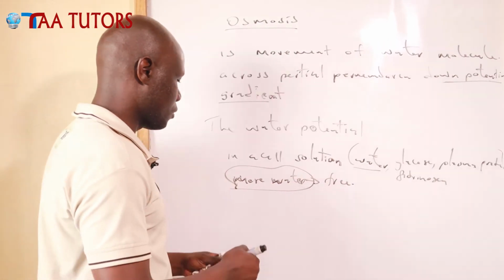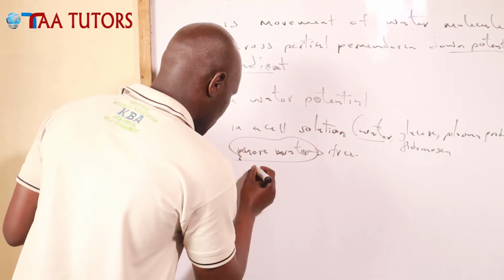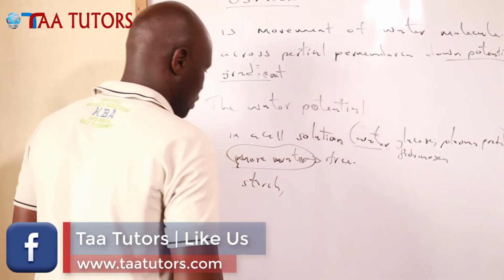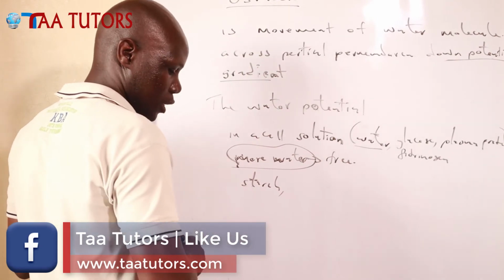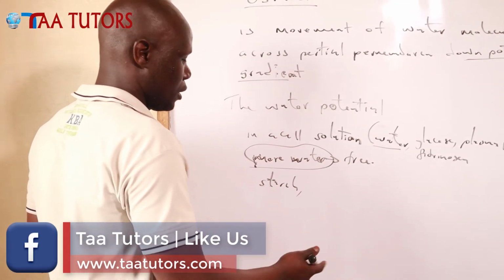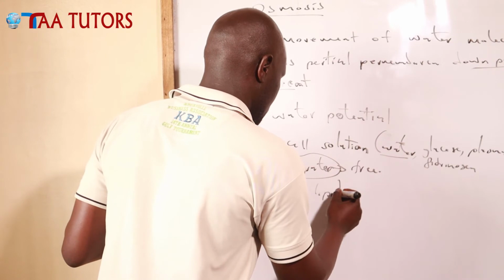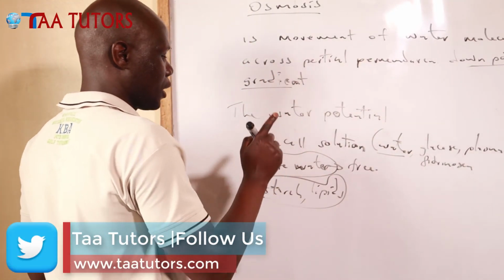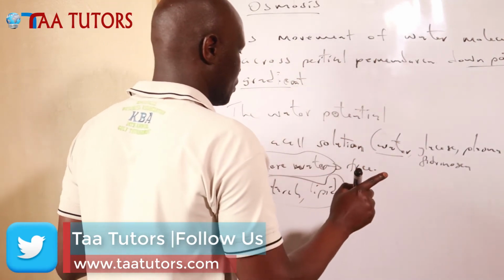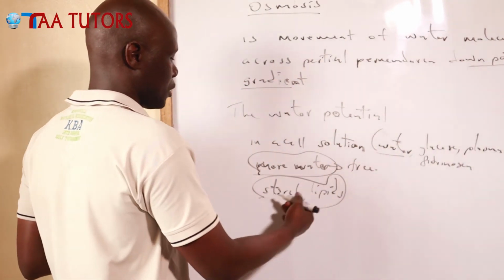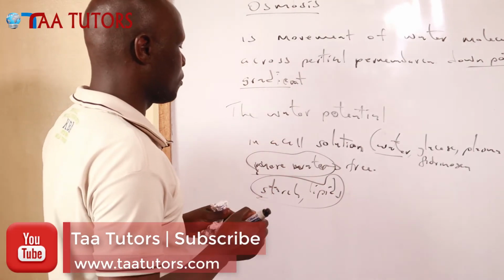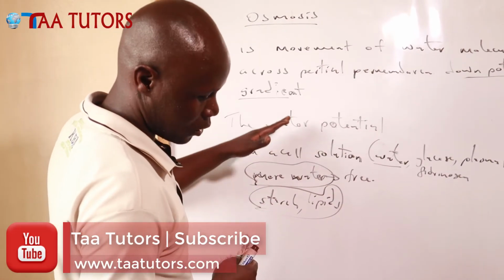Like we have starch here, which is not soluble, and therefore it cannot affect. We have got lipids. These are large molecules, and they are not soluble. Therefore, they cannot affect the osmosis of the cell. They cannot change the concentration of the cell. Therefore, we are not going to use them here to influence the osmosis that we are talking about.